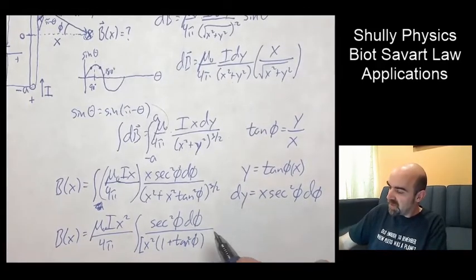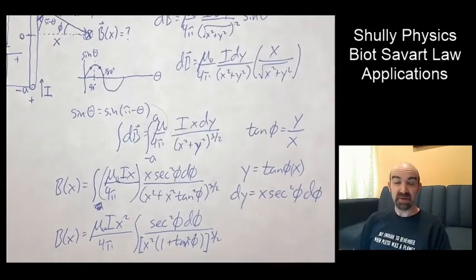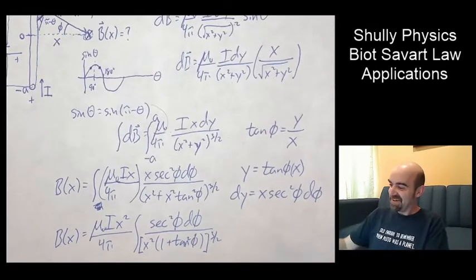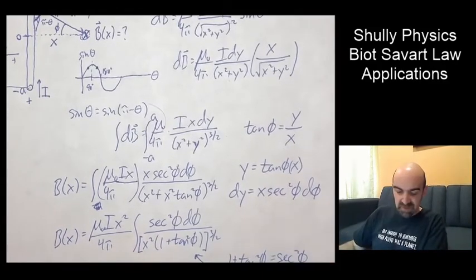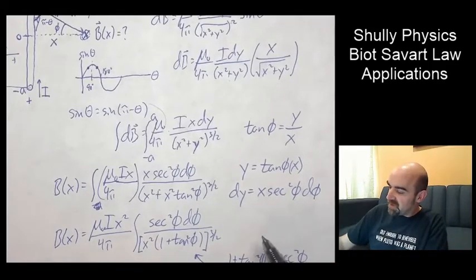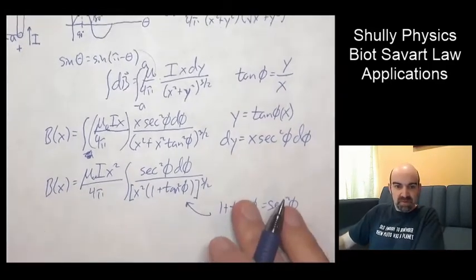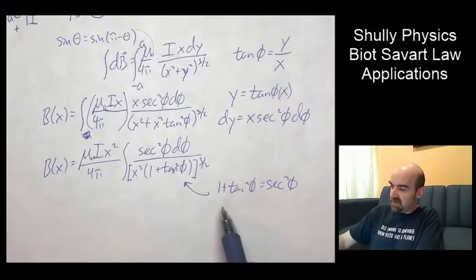And the beautiful thing about that, maybe your eyeball's picking it up, is think of it like sine squared plus cosine squared equals 1. You've got that trig identity. Well, here's another trig identity. 1 plus tan squared phi is what? Secant squared phi. Okay, so little trig identity here. 1 plus tan squared is equal to secant squared. That's a trig identity. All right, so substituting that in, sorry about that, there's the trig identity. Okay.